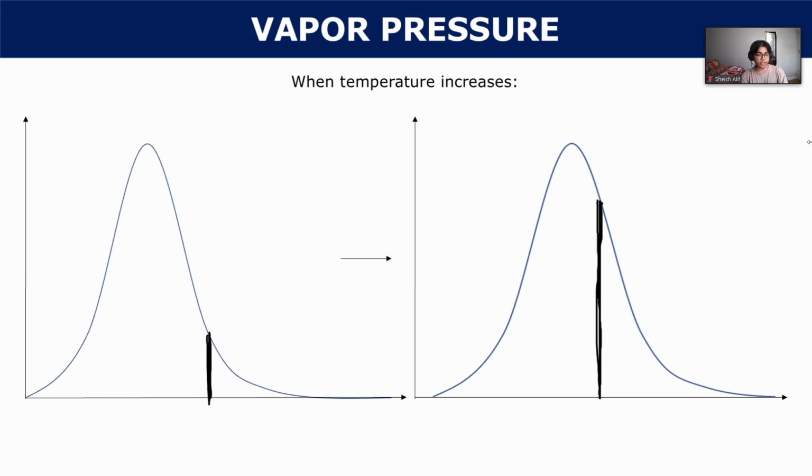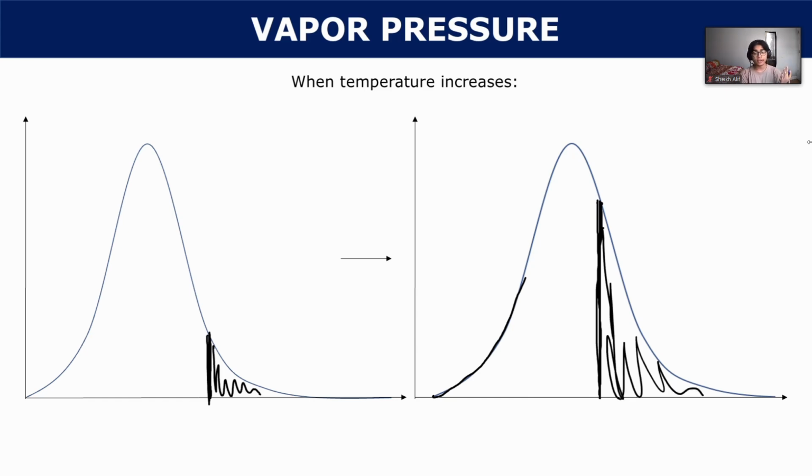Although it might look like it on the diagram, because it's a poor diagram that I made, the position of the black line does not change. What changes is this bell graph. So this bell graph shifts to the right when you increase temperature. The amount of energy required to jump up from the surface doesn't change. What changes is the amount of particles that have enough energy. So in this case, you have quite few particles that have enough energy, but in this case, you have a lot of particles that have enough energy.